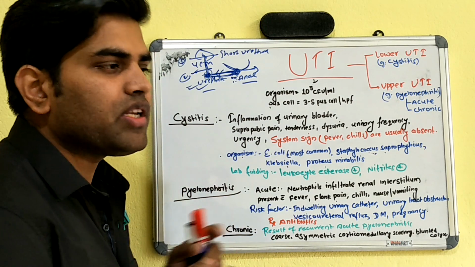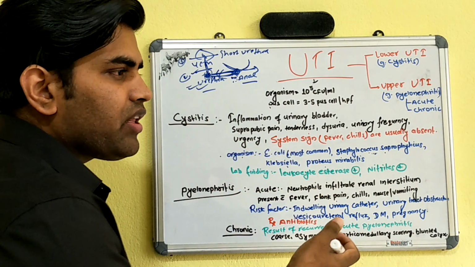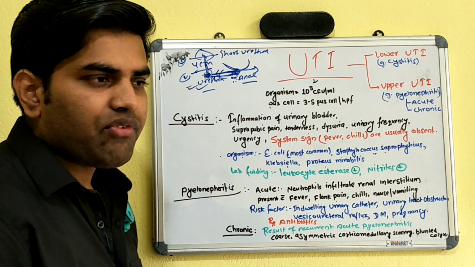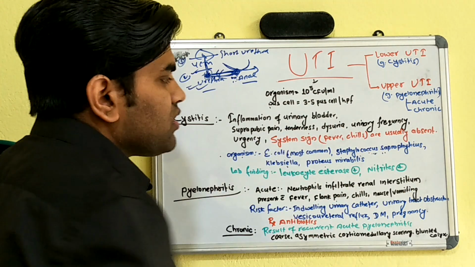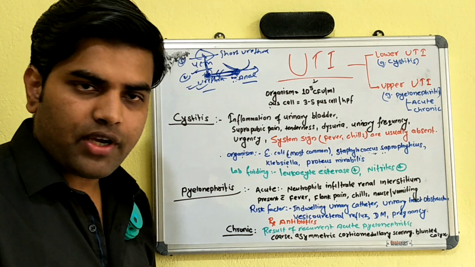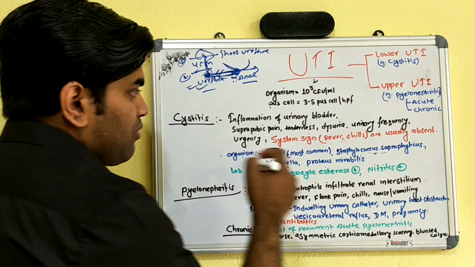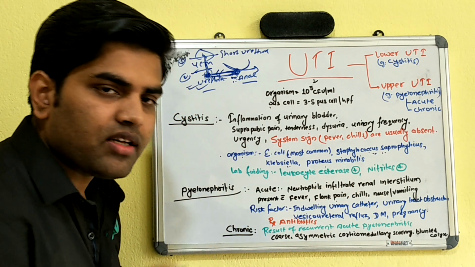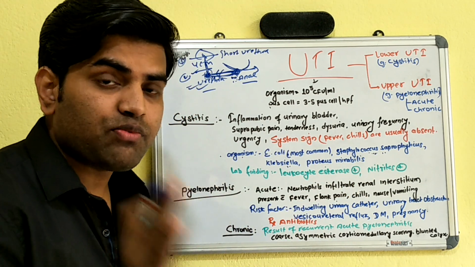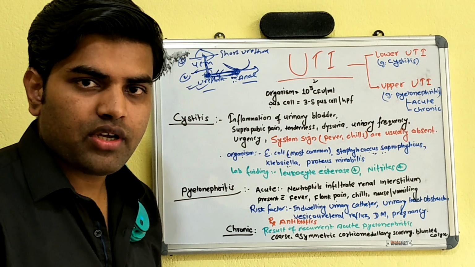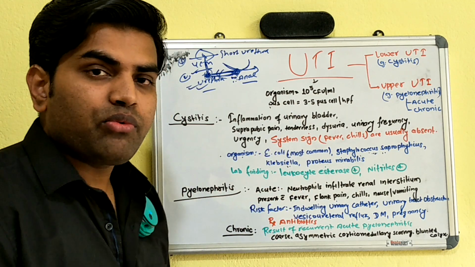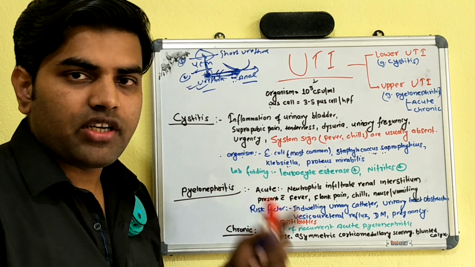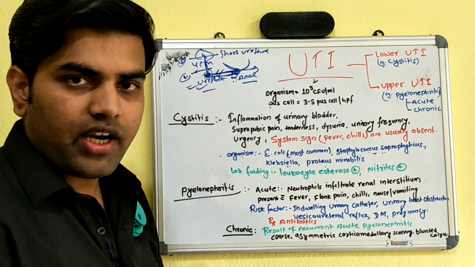You may have a scenario like a young active female who came with symptoms of urinary tract infection, and they may ask you about Staphylococcus saprophyticus. If you remember from the previous lecture, Staphylococcus saprophyticus, Klebsiella and Proteus are all urease-positive organisms, and they are responsible for ammonium magnesium phosphate stones. That is when we discussed kidney stones, where we can correlate that.